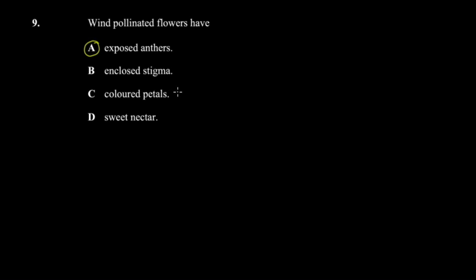So they need colorful petals, so that they're very attractive and they stand out in, let's say, the forest or in the bush. And then they also have sweet nectar, so that it's an incentive when the bees go there, they can play around the flower as they eat the nectar.